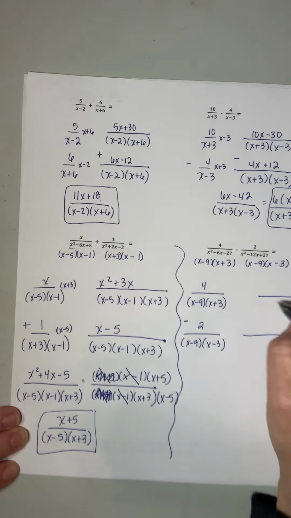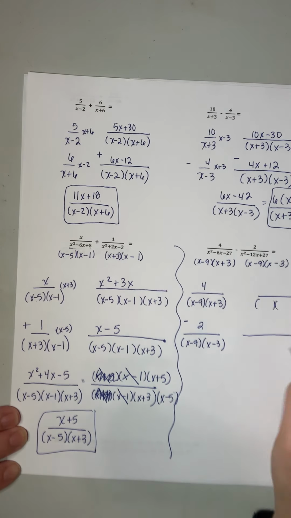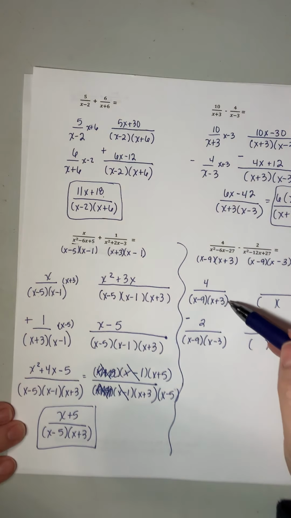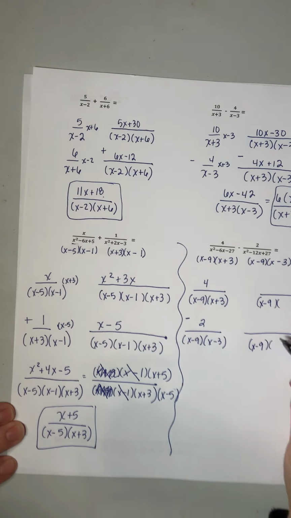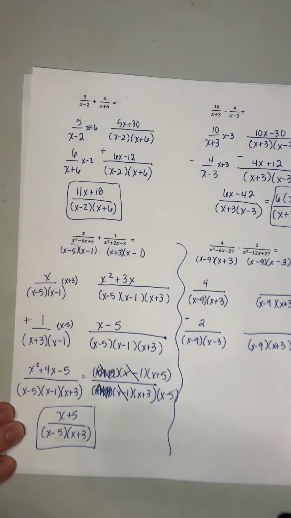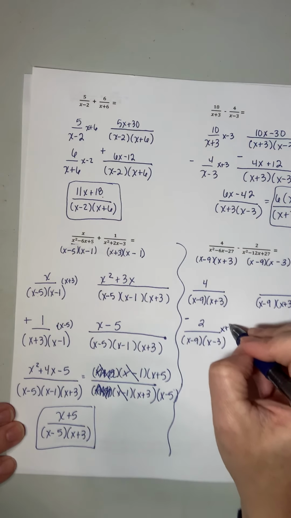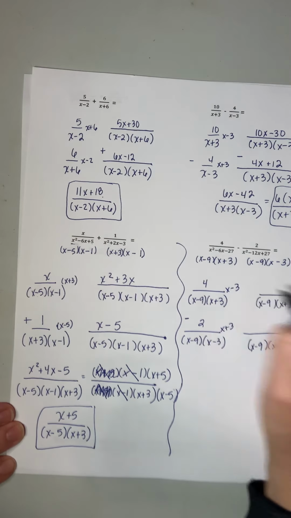So common denominator. They both have the x minus 9. I need an x plus 3 and an x minus 3. So this is missing the x plus 3, and this is missing the x minus 3.